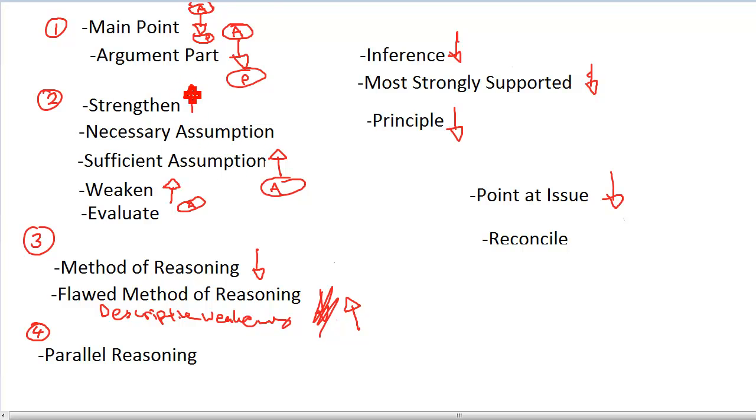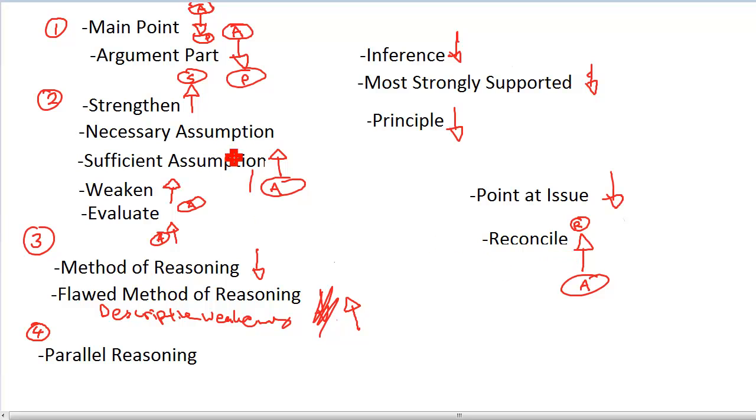You accept the answer choice below, see if it actually strengthens the argument above. Evaluate the same way. You accept the answers below and see if it actually points up to affect the argument, either by weakening it or strengthening it. Reconcile, of course, is also the same way, because you accept the answer choices below and see if it resolves the paradox above or explains the paradox above.